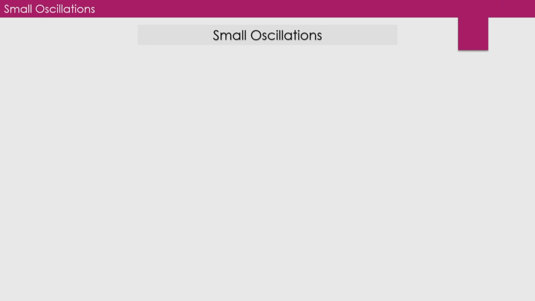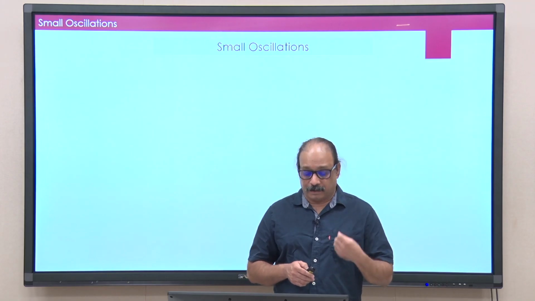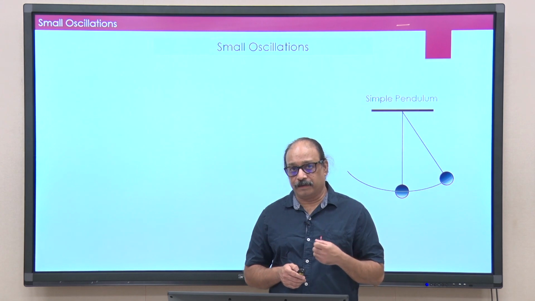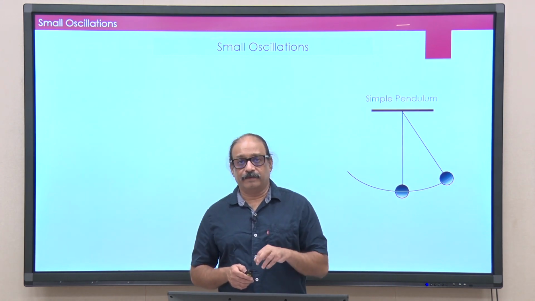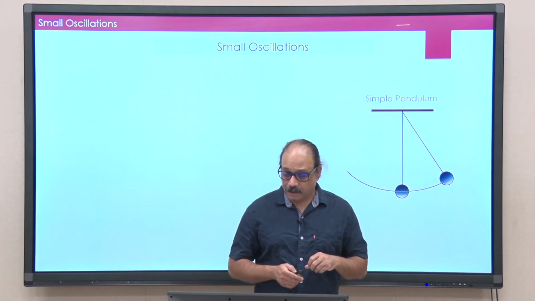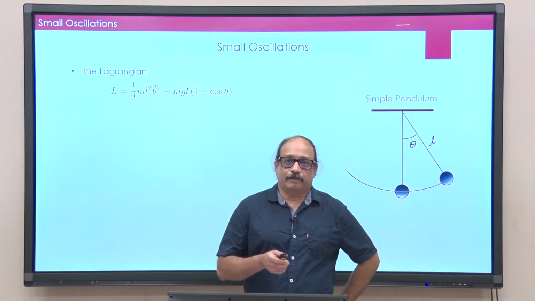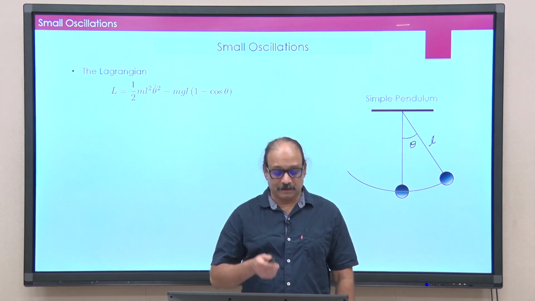The small oscillation here means this: if you take an example of a simple pendulum, and we are all very familiar with this example. So, in a simple pendulum, let me write down the Lagrangian in terms of the generalized coordinate theta and the length of the pendulum L. This problem of course we have been doing right from the first week.